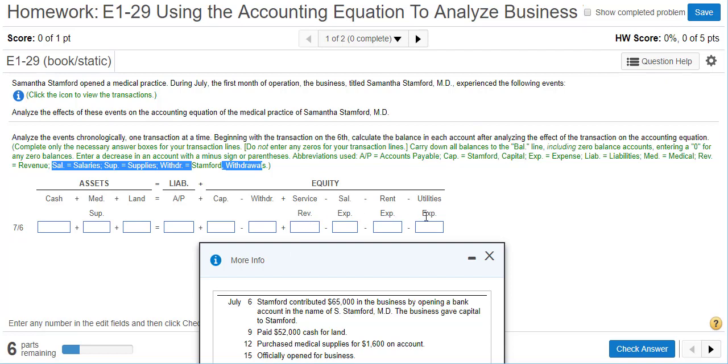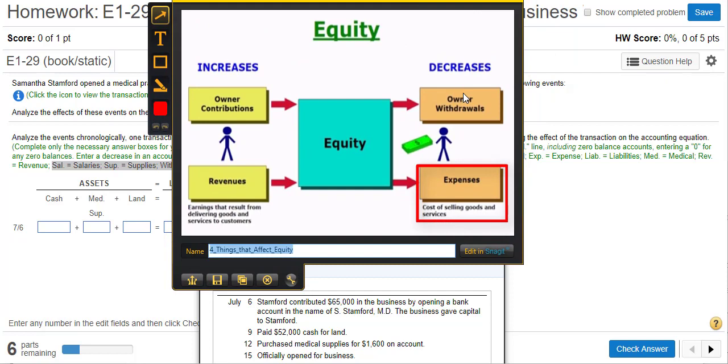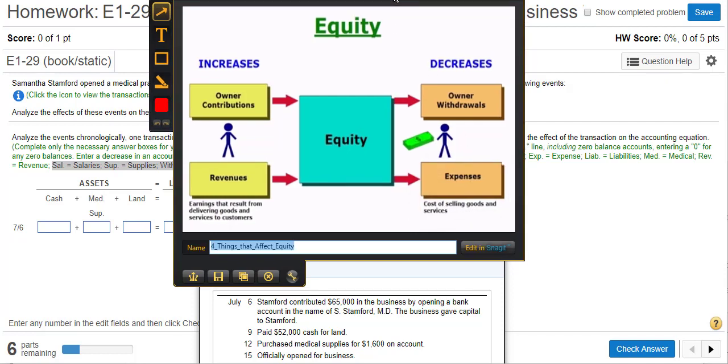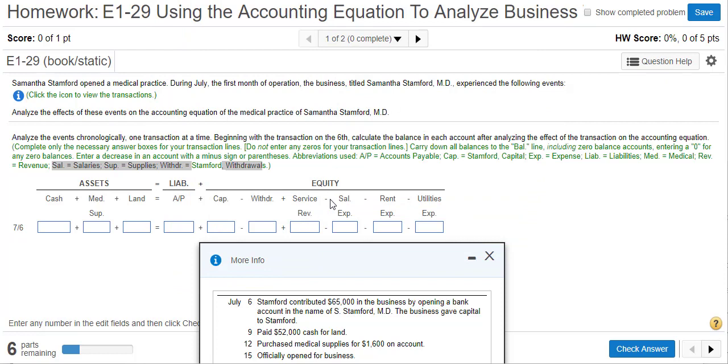How do expenses affect equity? Well, remember, they decrease equity. Expenses are just the cost of doing business, the cost of selling goods or services. So expenses decrease equity. That's why all of these expenses have a minus in front of them, because they are going to lower equity.